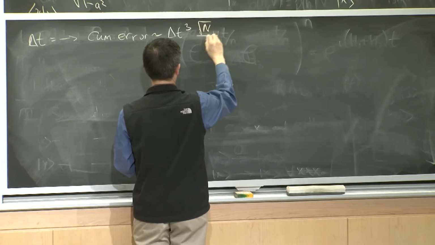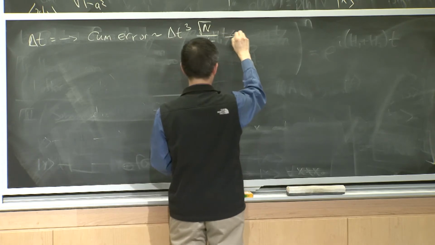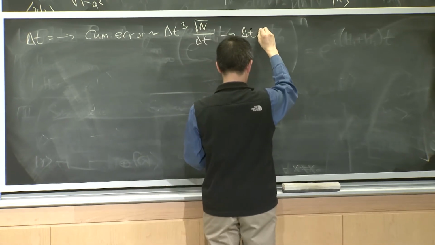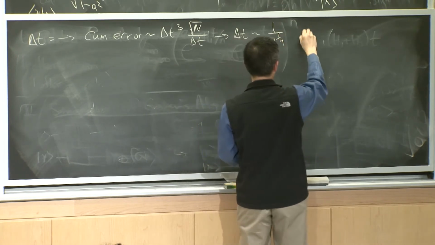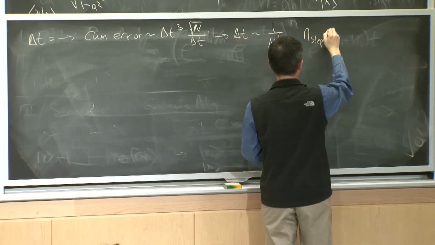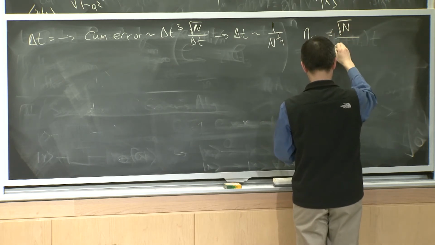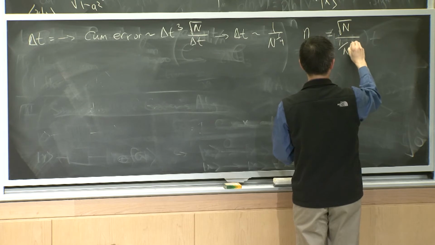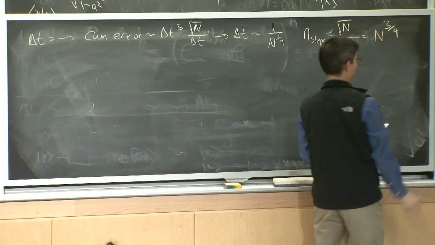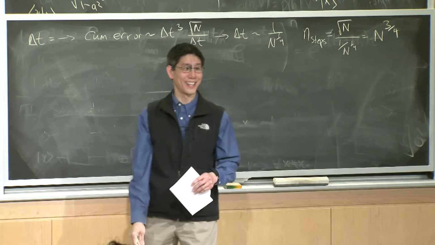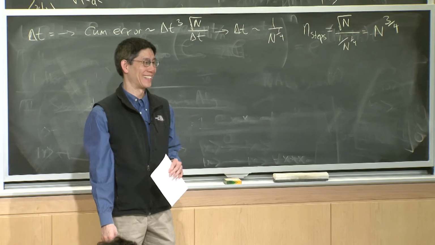The number of steps, again, is square root of n divided by delta t. And therefore, delta t will go as 1 over n to the 1/4. So the number of steps, if you work this out, is square root of n divided by 1 over n to the 1/4, which is n to the 3/4. Ha! We're getting closer. But it's still not quite there yet.